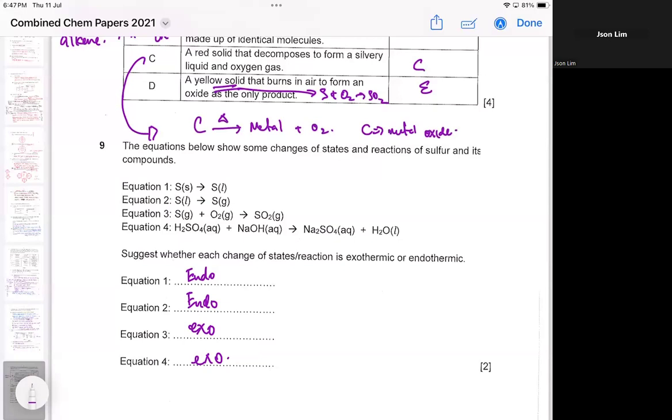Number 3 is exothermic because this is a combustion process. Combustion means something plus oxygen gives you something. When something plus oxygen, this is combustion. Combustion is always exothermic. Okay, that's all.